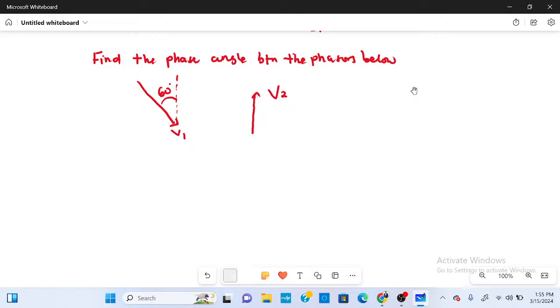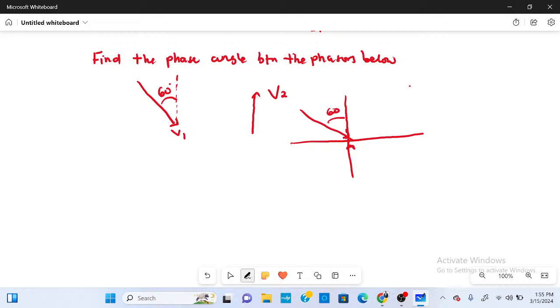So I have voltage 1, voltage 2. How do I find the phase angle? This is simply done in vector form, because this is 60 away from the vertical. So we can draw the vertical and reproduce our two phasors. This one is 60 here, and this is straight, coming from below straight away to meet this.